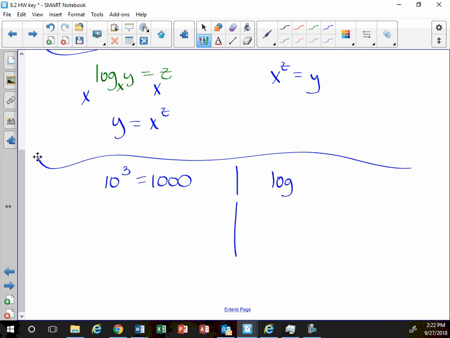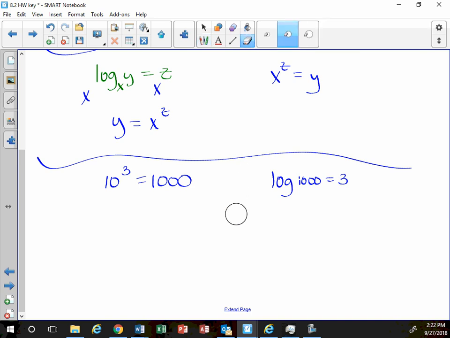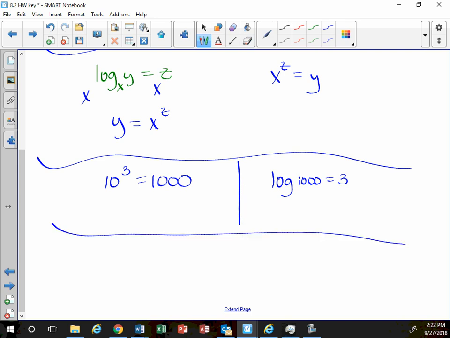If it's base 10, do I have to write the base? No. You guys have a quiz next time. You do have to be able to convert from log to exponential, and from exponential to log. We okay with that?